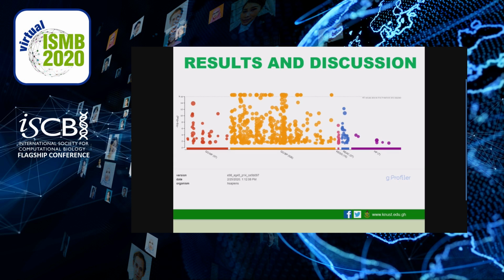This figure shows the output generated from gProfiler, and it gives a summary of the various gene ontology domains that the identified differentially expressed genes are involved in. Here we paid more attention to the KEGG and Reactome pathways, where about 6% of the genes were involved in arthralgia and collagen formation pathways.